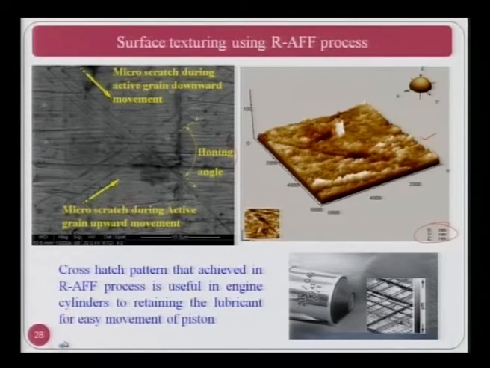So, the cross hatch pattern that is achieved in the RAFF process is useful in engine cylinders for retaining the lubricant for easy movement of the piston, because in certain applications we want the lubricant to be retained at the interface of the two moving bodies, say piston and cylinder.